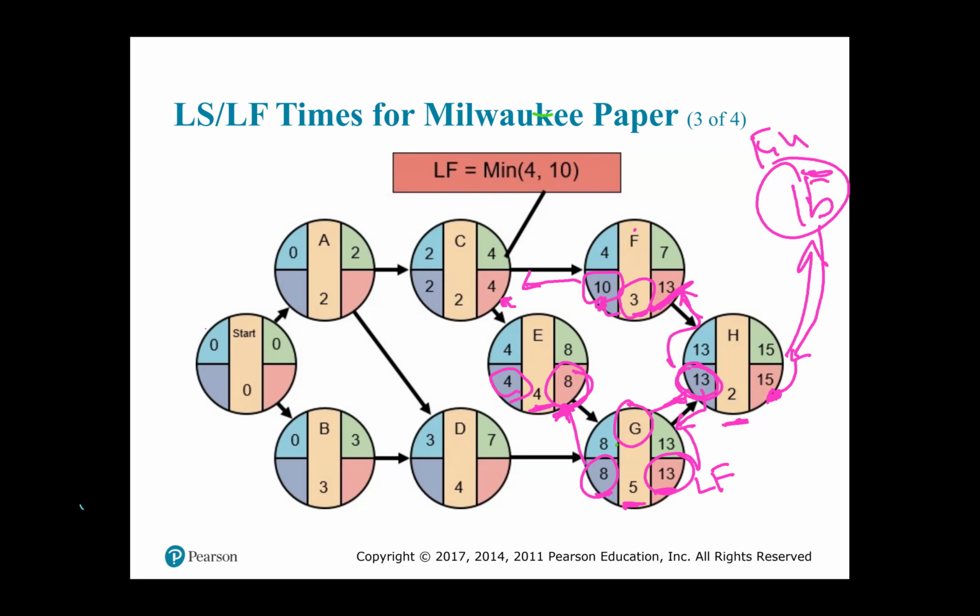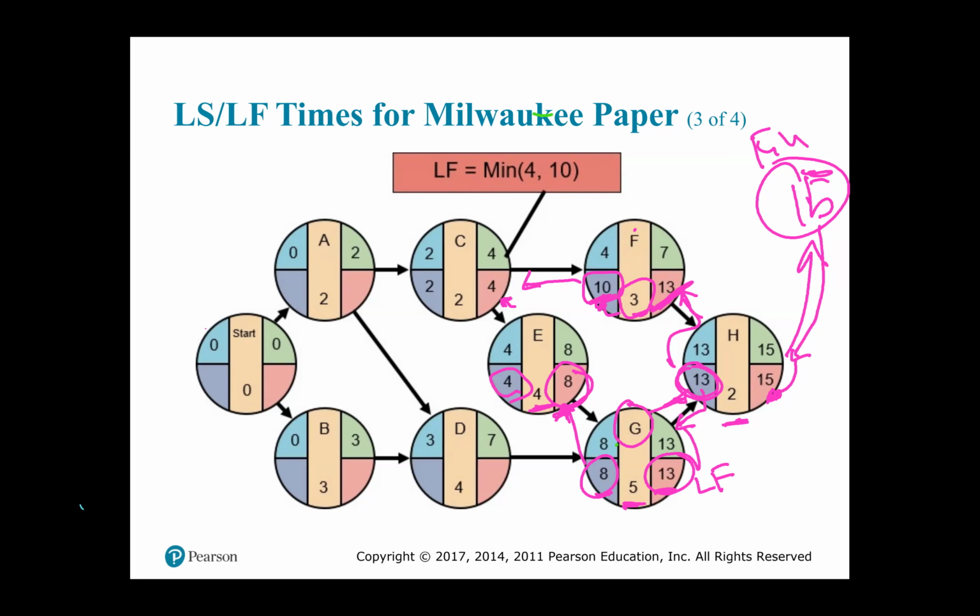So from F, the late start is 10. But from E, the late start is 4. And remember, when there's a competition for a late finish from among the late starts of its immediate following successors, you have to take the minimum. So here, the late start from F is 10.